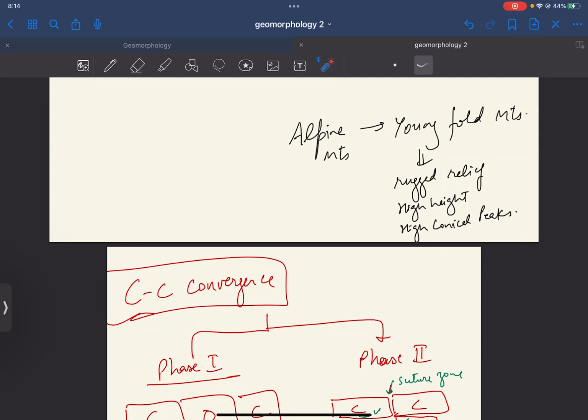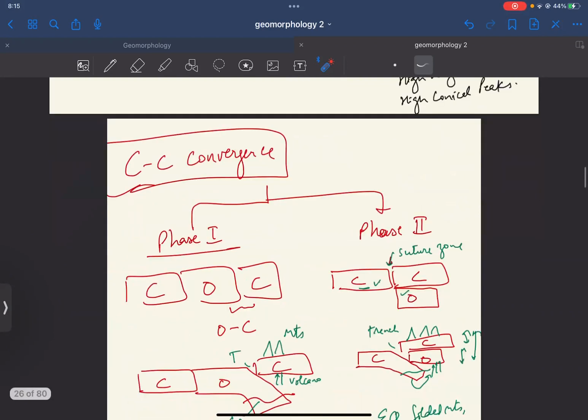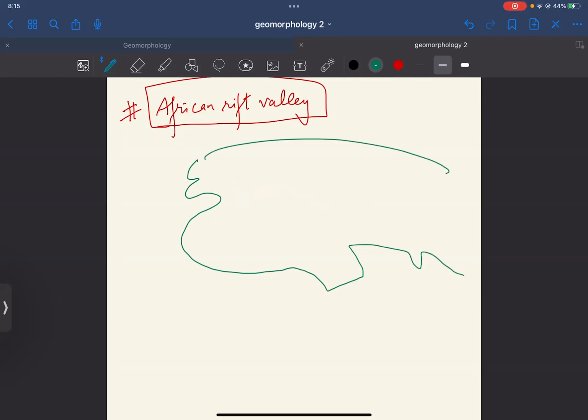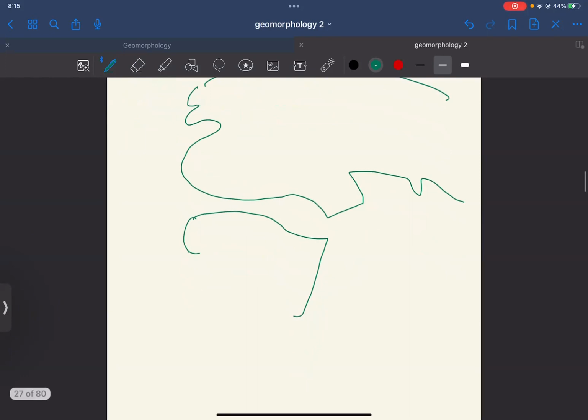So this is all about plate tectonics. And also the last topic that we have is the African Rift Valley. Let's have a look at it. In one part of Earth, this is Africa. Right? So what we have are minor plates.